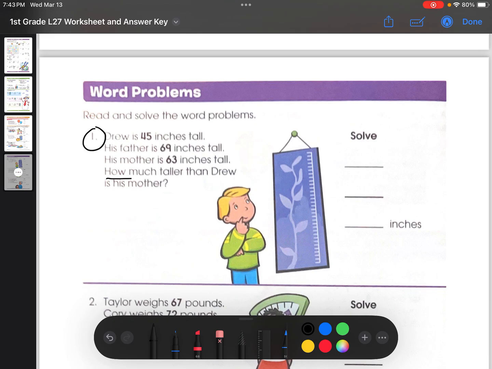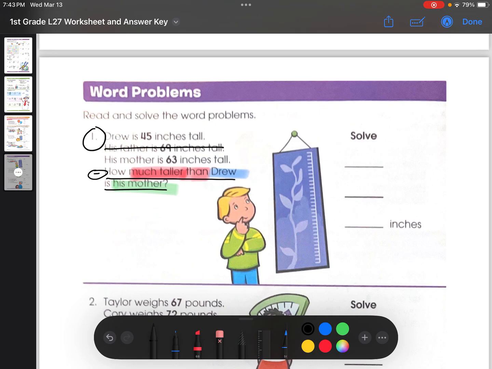So again, let's look at this question. We need to know Drew's height, and we need to know his mom's height. What we do not need is his father, so you can cross that out. And again, this is a how much taller than, which means it is a subtraction problem.